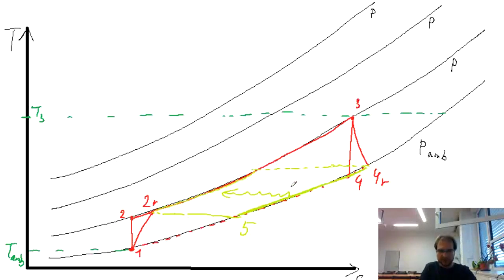So this transferring of the heat from one part of the cycle to another, basically you could say it's a recycling of some part of the heat, is called recuperation or regeneration.